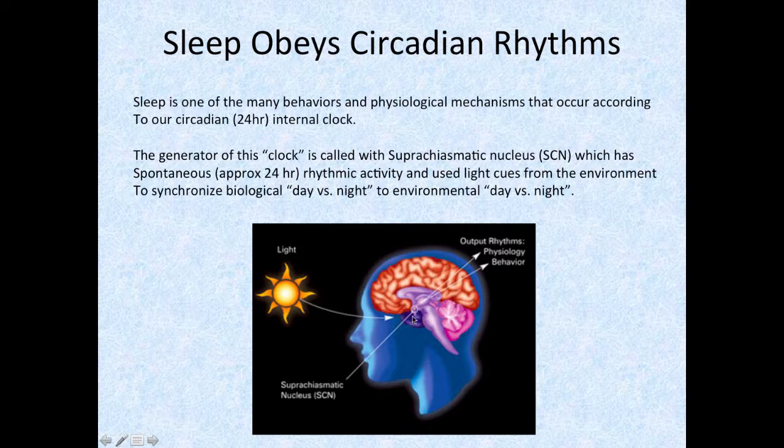And in turn, the SCN uses those light cues to synchronize its activity and control and regulate a wide variety of body functions, including hormonal release, digestive function, blood pressure, body temperature, and many others, including, of course, sleep and waking.